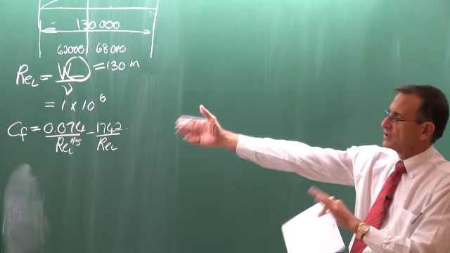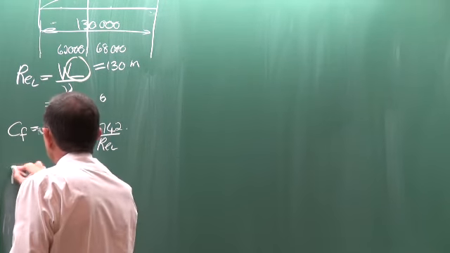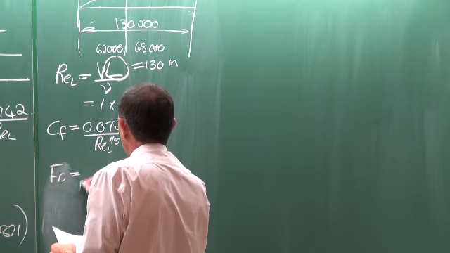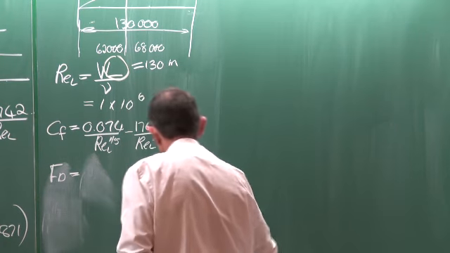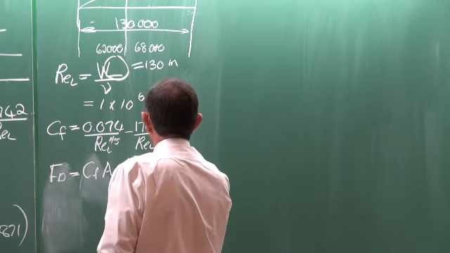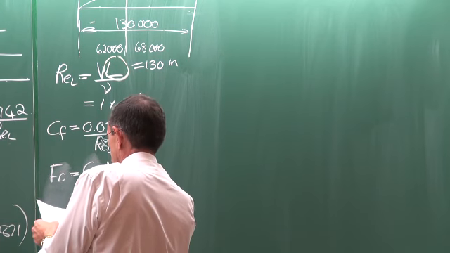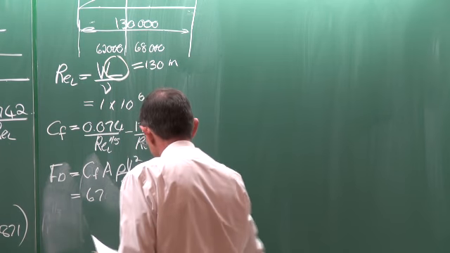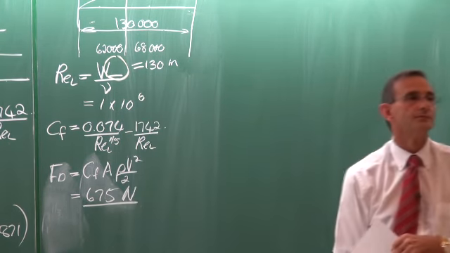I'm not going to give you the friction coefficient, but jump to the drag. The drag is equal to rho CF multiplied by the area, rho V squared divided by 2, and the drag would be equal to 675 newtons.